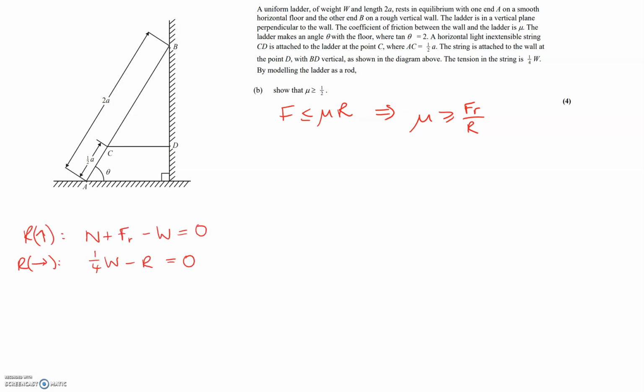In the previous question we found that N was 7W over 8, and this is going to be useful now. So we're going to look at the two resolved equations.